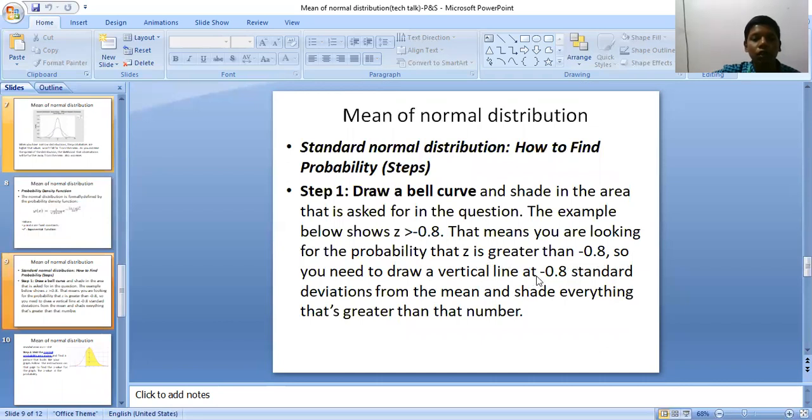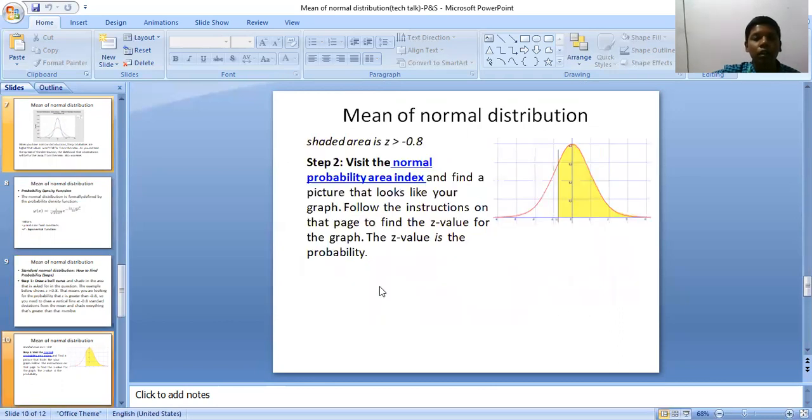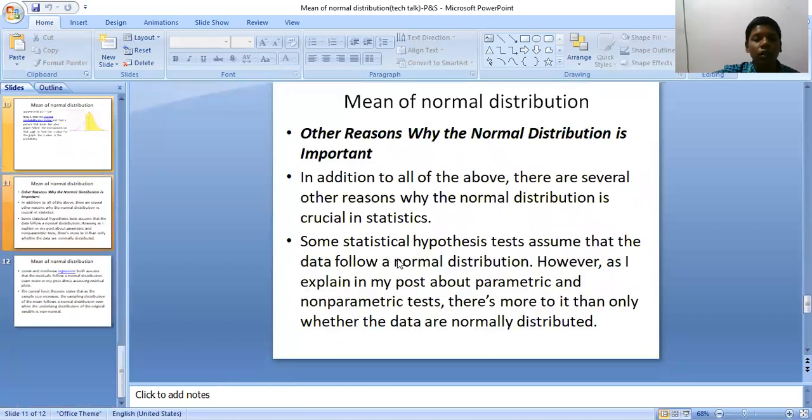So you need to draw a vertical line at minus 0.8 standard deviations from the mean and shade everything that's greater than that number. The shaded area is z greater than minus 0.8, and the graph is shown below. Step 2: Visit the normal probability area index and find a picture that looks like your graph. Follow the instructions on the page to find the z value for the graph; the z value gives the probability.